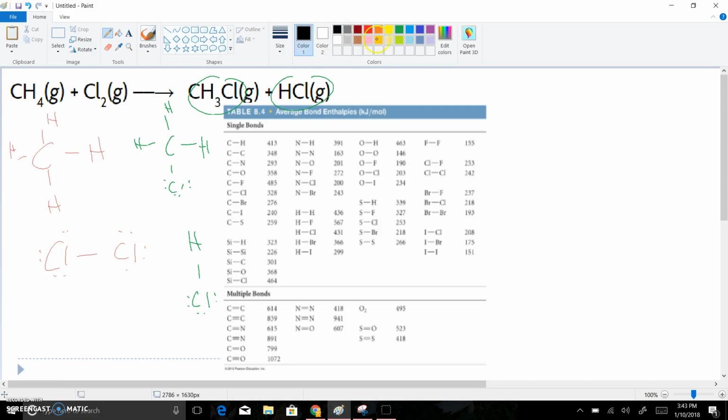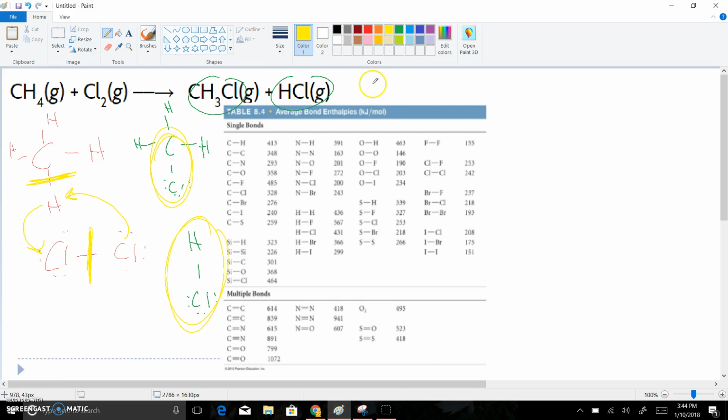What's happening here is that this chlorine-chlorine bond is breaking, and this C-H bond is breaking, and we're going to be making the C-Cl and making the HCl. This chlorine is going to be attached to here, and that hydrogen is then going to be attached to there.